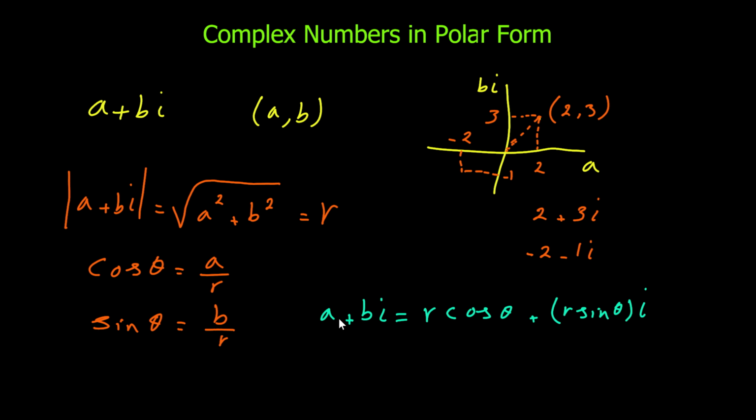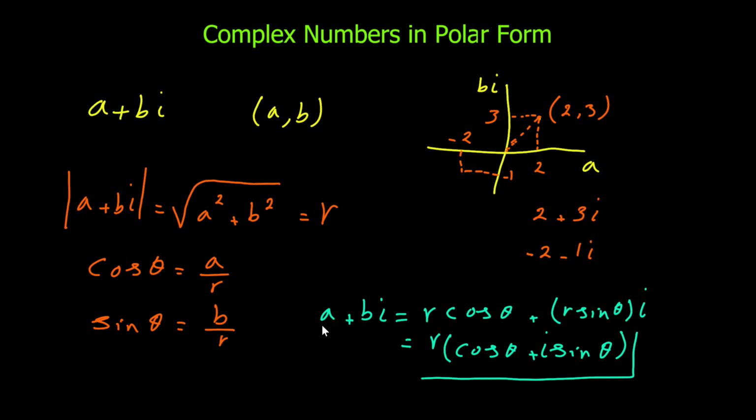All I did was substitute a and b: b is going to be r sine theta, a is going to be r cosine theta. Now I simplify a little bit more. I factor out the r, then it becomes r times cosine theta plus i sine theta, where we put the i before the sine, and that's the polar form.